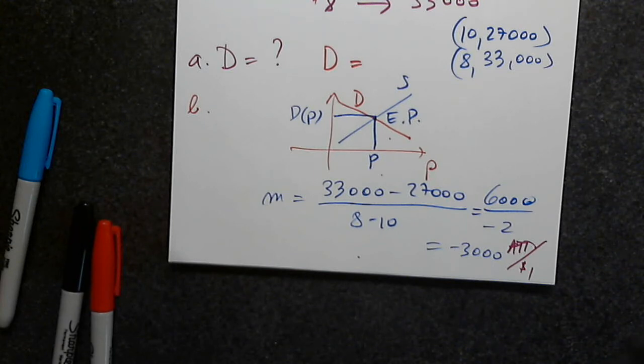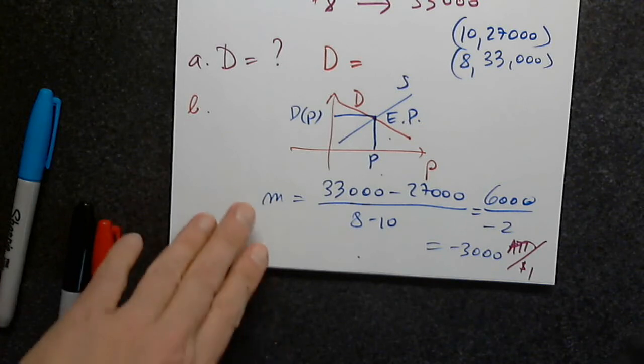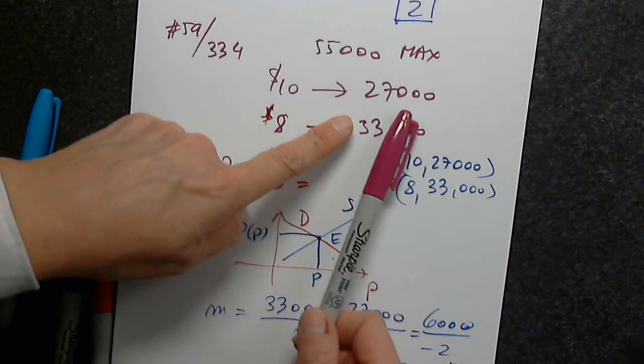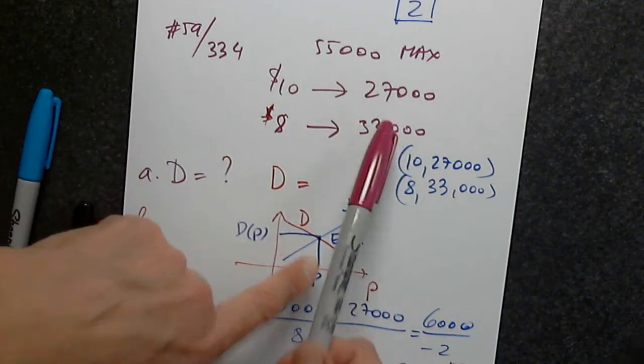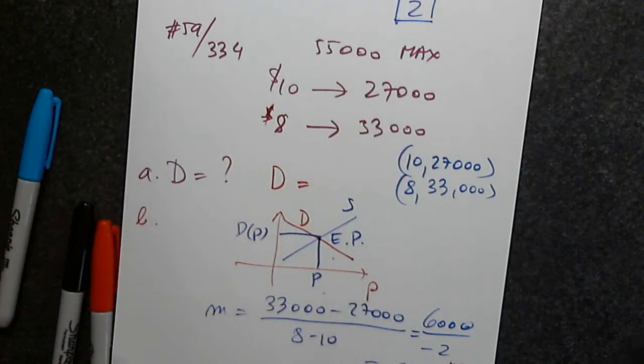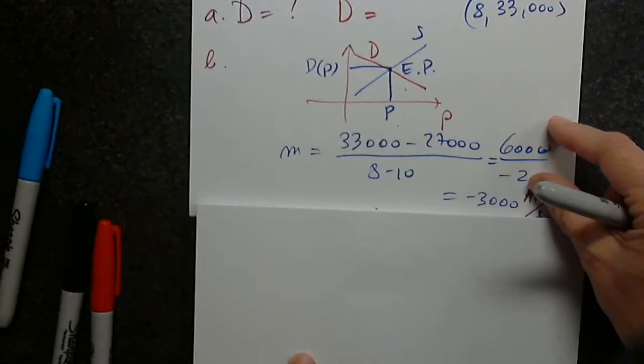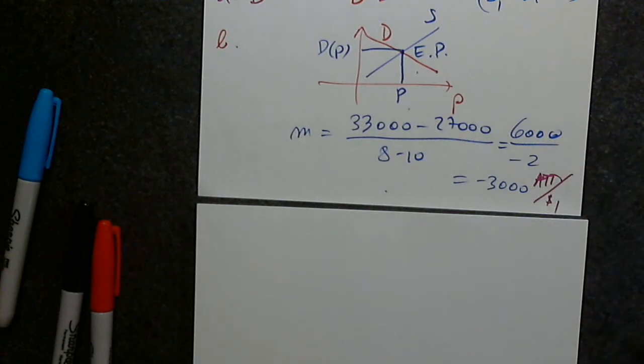So if we go from $10 a ticket to 11, then the attendance will drop from 27 to 24.